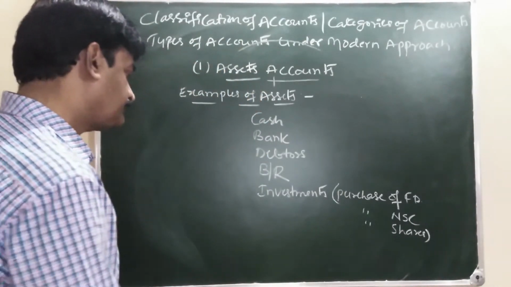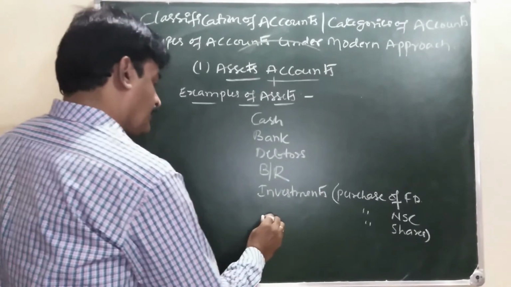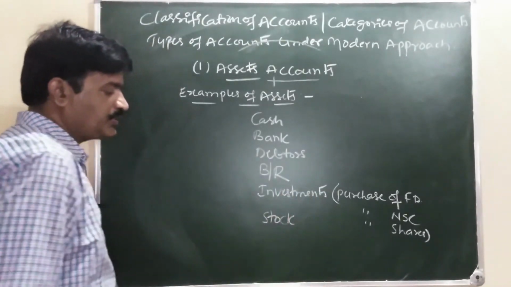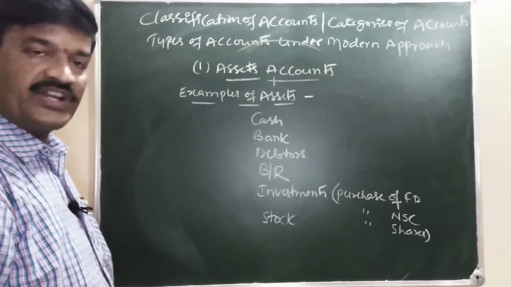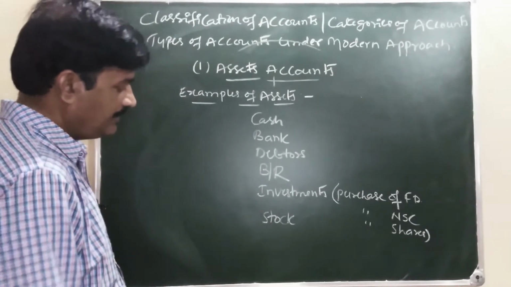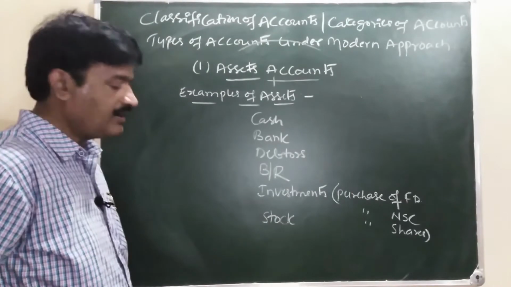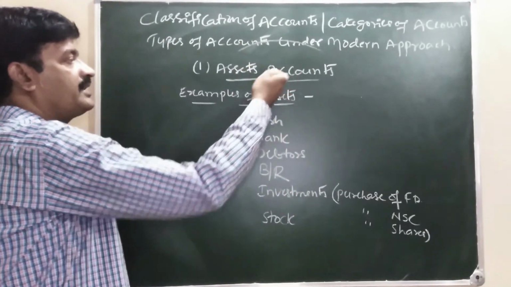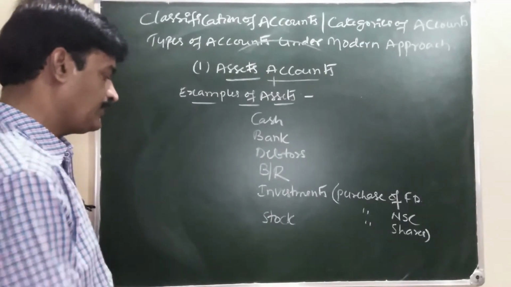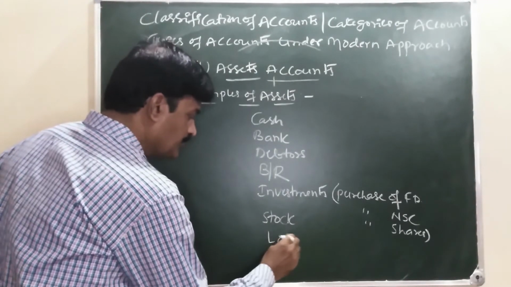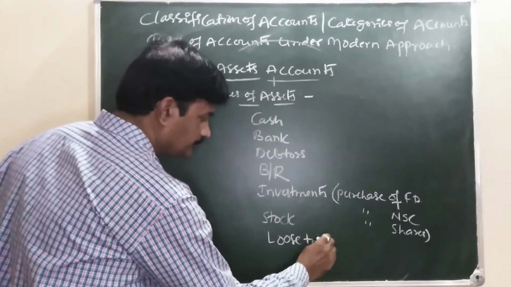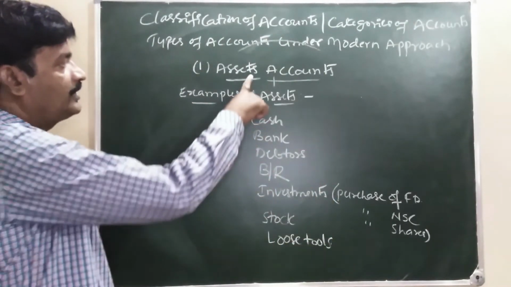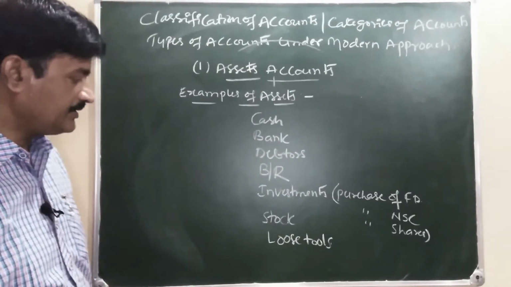Assets. Stock. Unsold goods on 31st March, that is closing stock. Closing stock also comes under assets. Loose tools also come under assets.